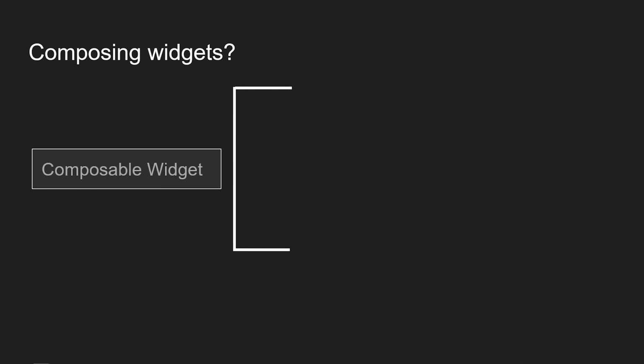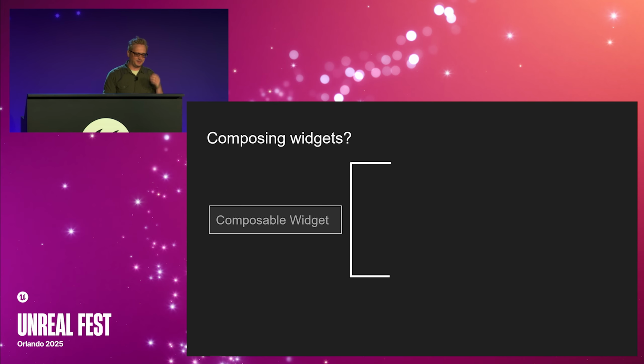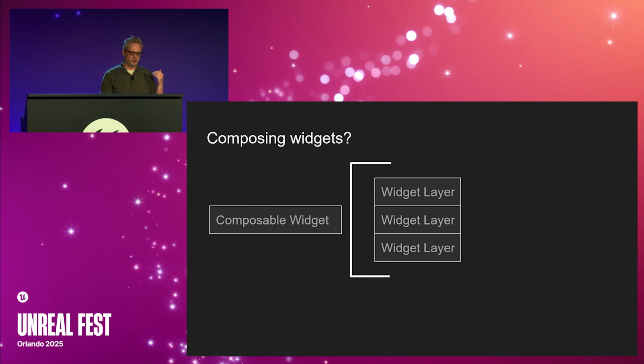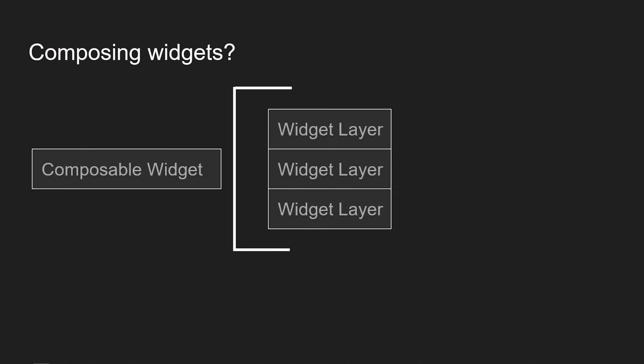So the way that we can do this is that we have some sort of base class, like a composable widget. We can just say that it inherits from a button or something like that. In that composable widget, when you're in the design view, you're going to drop one or more widget layers. A widget layer is an asset that displays something about, in this case, an item, something about the items that you're creating.